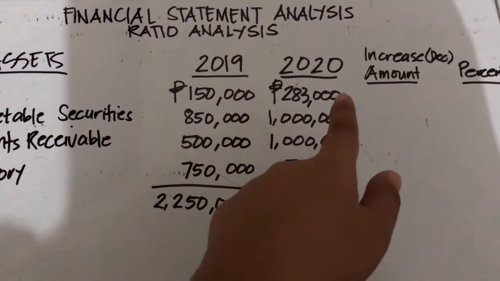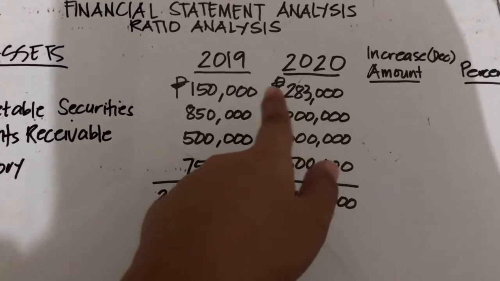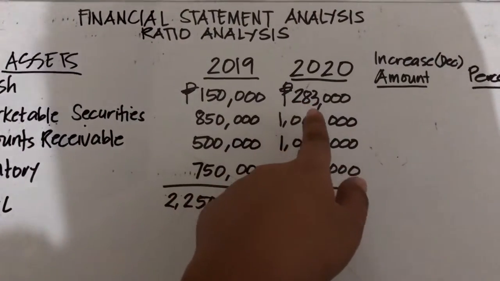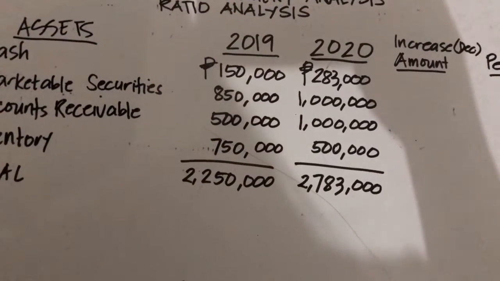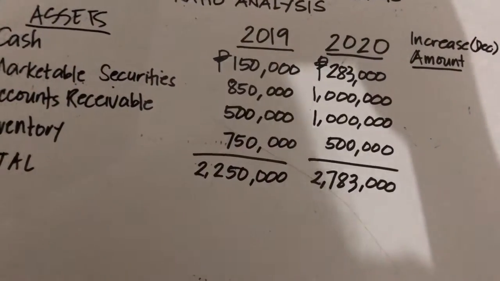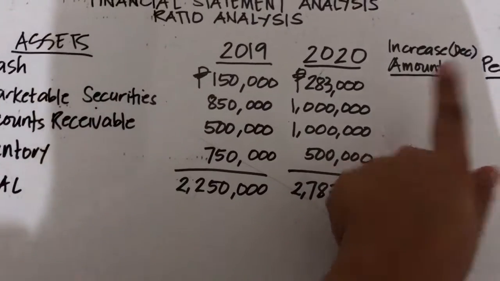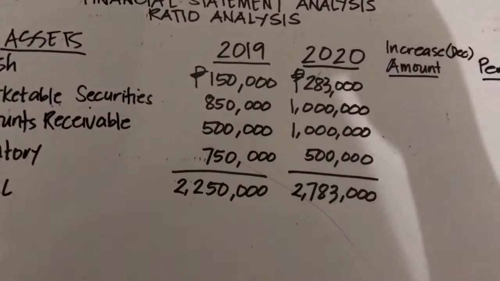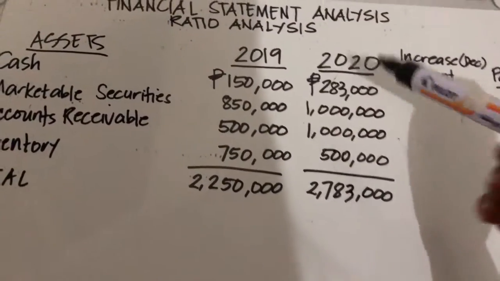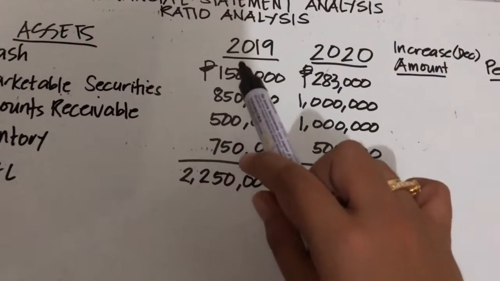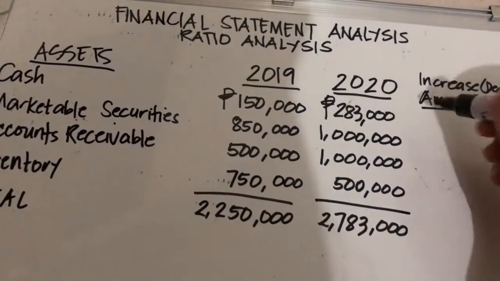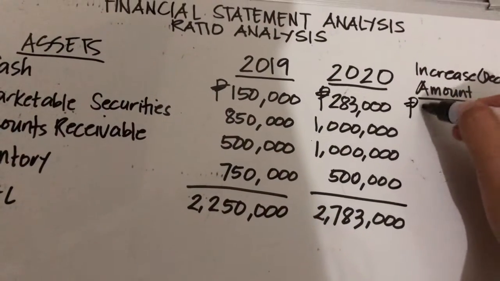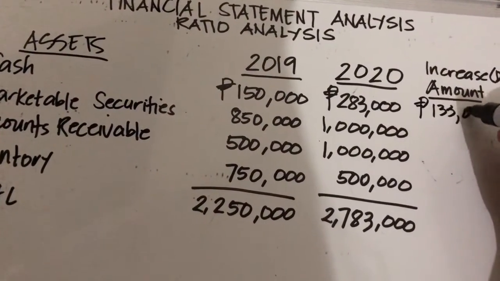If you're going to subtract 150 sa 283, ilan yung amount? Yung amount dyan ay 133,000. So, kung subtract natin yung 150 sa 283, ang magiging amount dito ay 133,000.